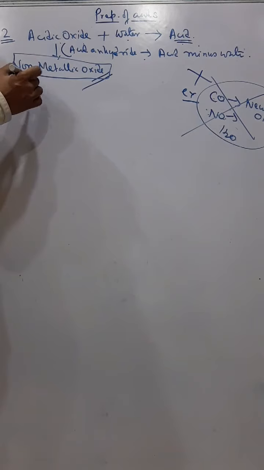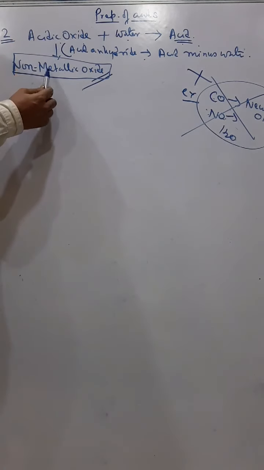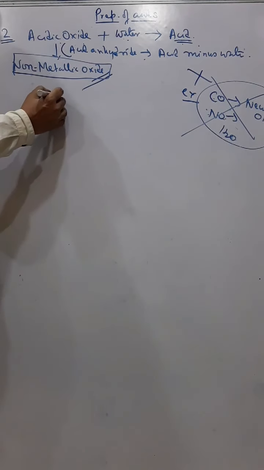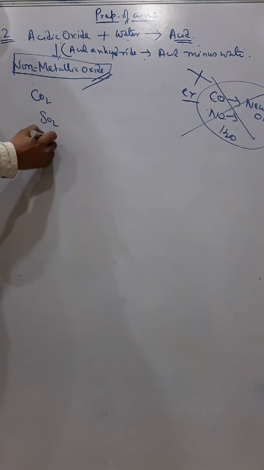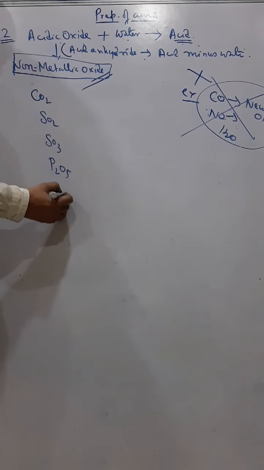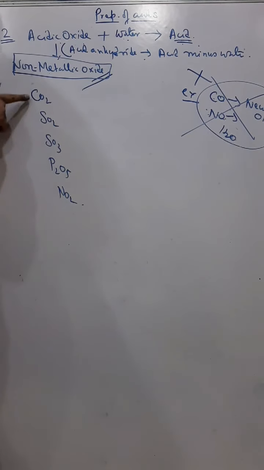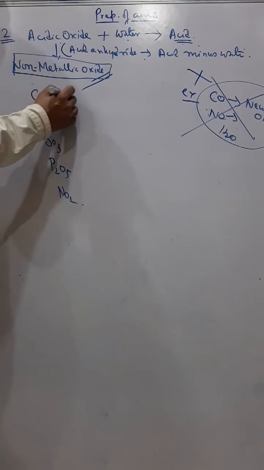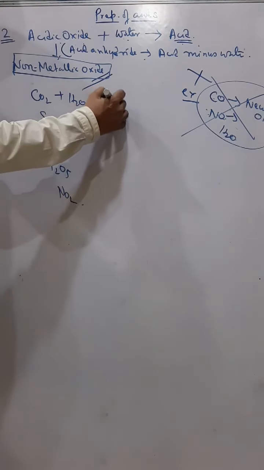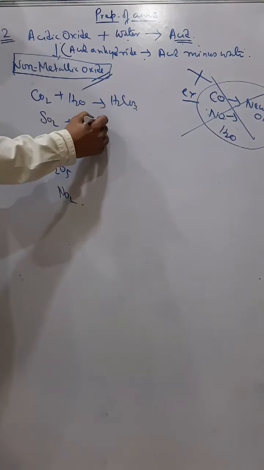But leaving these, whatever non-metallic oxides we have are generally known as acidic oxides because they dissolve in water to form their corresponding acids. Like carbon dioxide, sulfur dioxide, sulfur trioxide, phosphorus pentoxide and nitrogen dioxide. You see, all these are non-metallic oxides. When they dissolve in water, they form their corresponding acids, H2CO3.